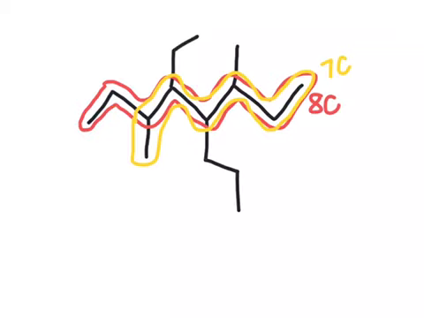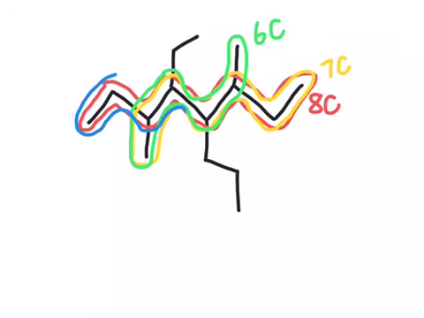And then we have 2 more possible options. That's 6 carbons. And then last but not least is blue, and that is 7 carbons. And so looking at this disaster on the screen now, we're going to go with this 8-carbon chain as our parent.